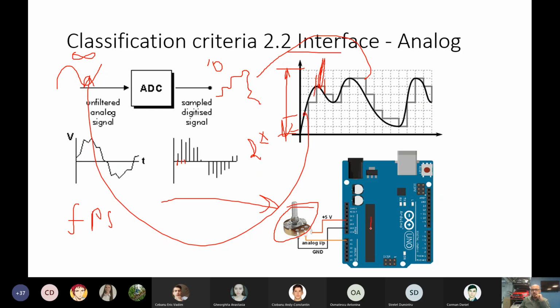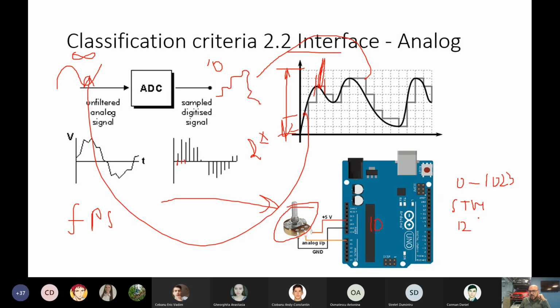In case we measure it with 10-bit resolution by the Arduino, we'll have values from 0 to 1023. But we can have another microcontroller, let's say an STM. In an STM micro we have 12-bit resolution.